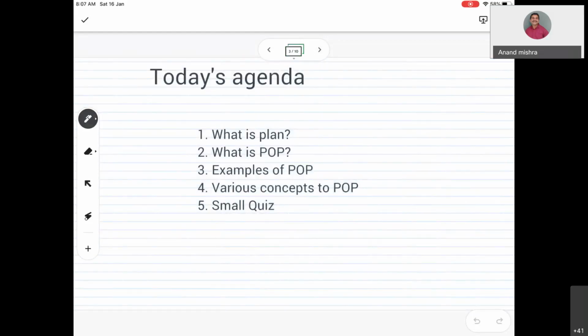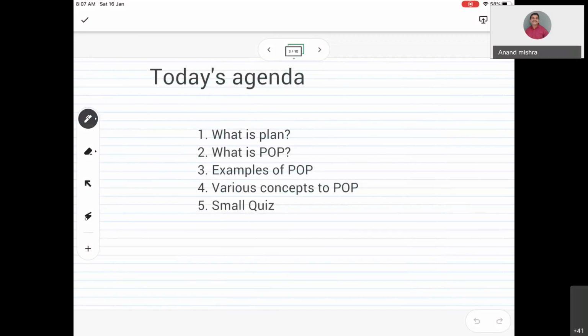So today's agenda: we are talking about what is a plan, and what is a partial order plan, also known as POP. We'll discuss a couple of examples of partial order plans, various concepts related to partial order plans, and we'll also have a small quiz towards the end of the class.